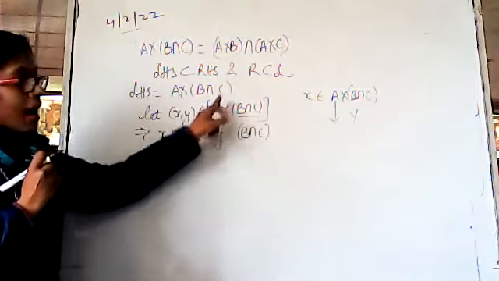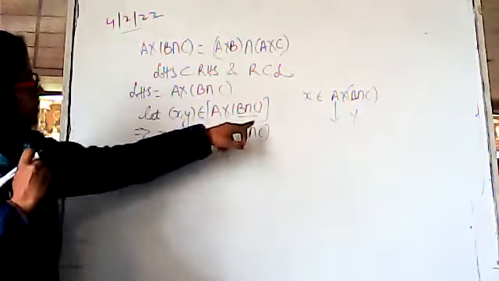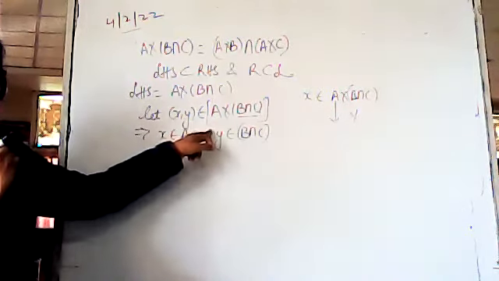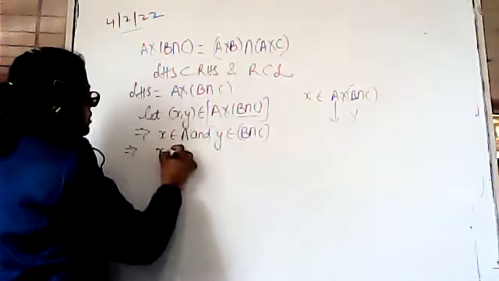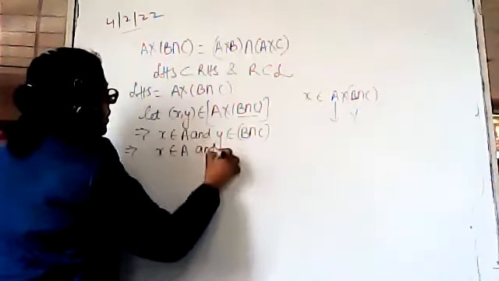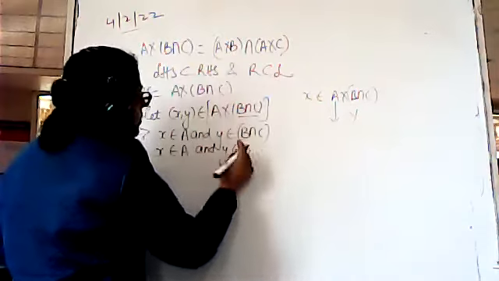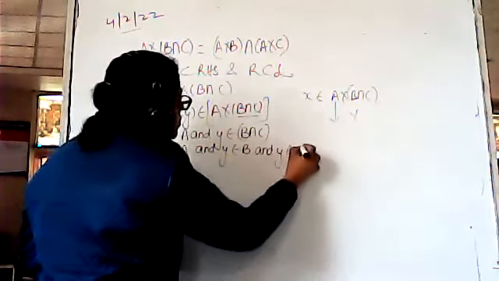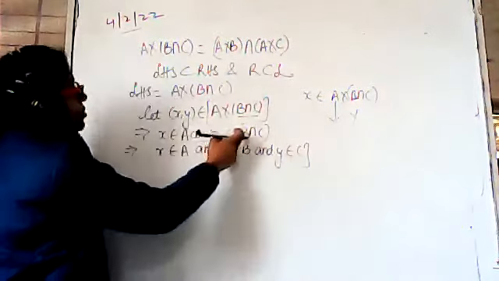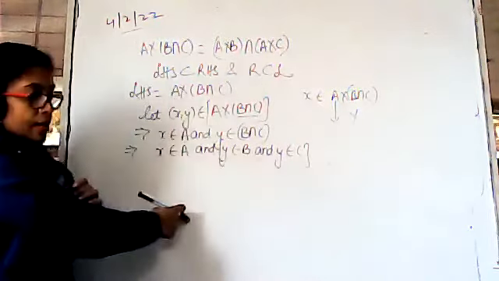The second set is the one after the cross sign, and the first set is the one before the cross sign. So X belongs to A and Y belongs to B intersection C, which implies X belongs to A and Y belongs to B. Now the definition of intersection implies that Y belongs to C. Y belongs to B as well as C.